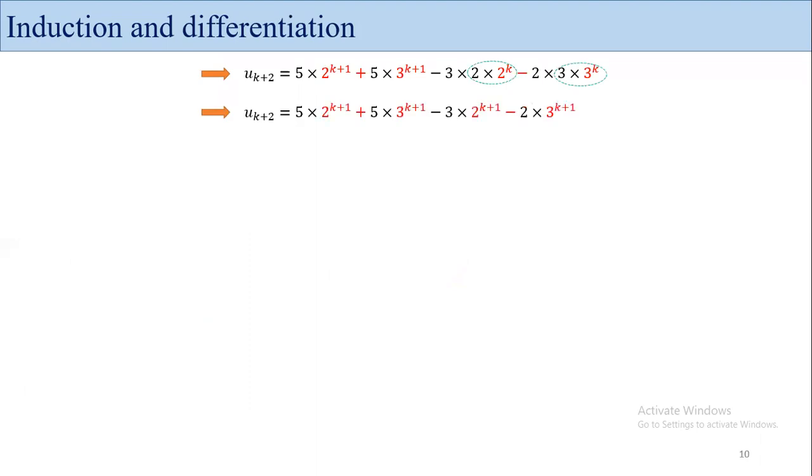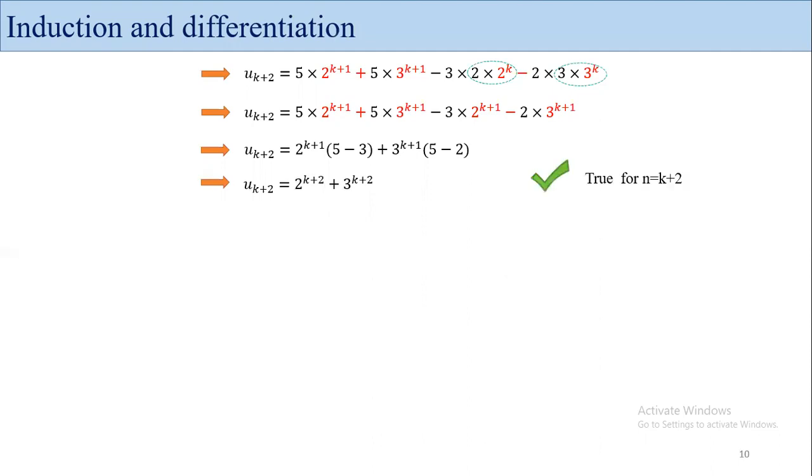Then factor out the same power numbers like 2 to the power of k plus 1 and 3 to the power of k plus 1. Finally, we obtain that u(k+2) is equal to the sum of 2 to the power of k plus 2 and 3 to the power of k plus 2. This means that our relation is working for k plus 2.